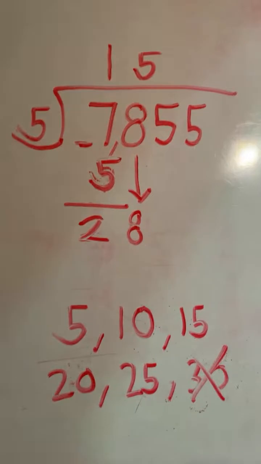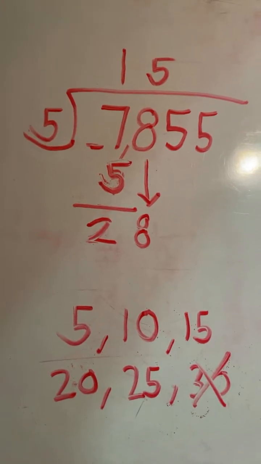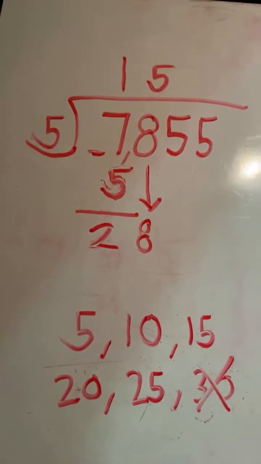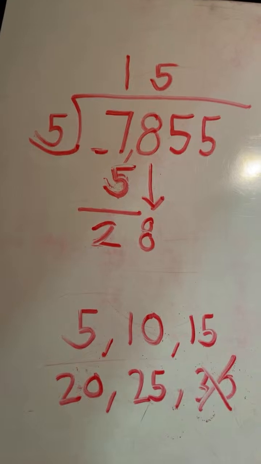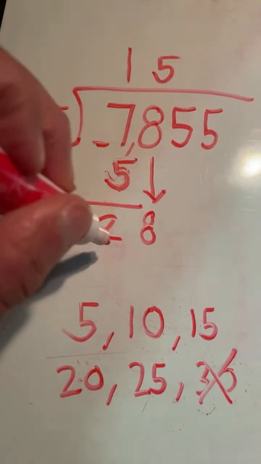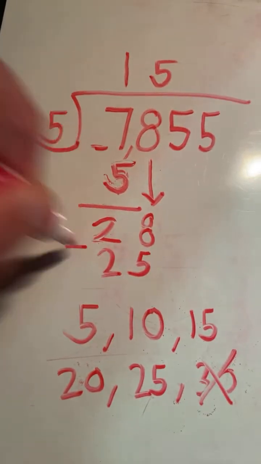There will be a remainder there, and I'm going to explain how we figure out what the remainder is. We figure out the remainder by subtracting the number that we were closest to. So the closest we could get to 28 without going over is 25. So 25 is what we need to subtract to figure out what our remainder is.